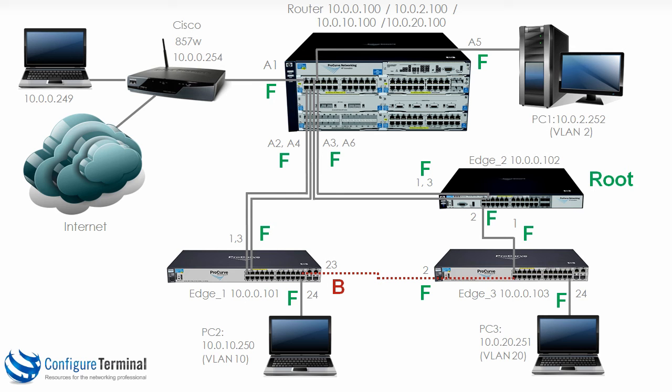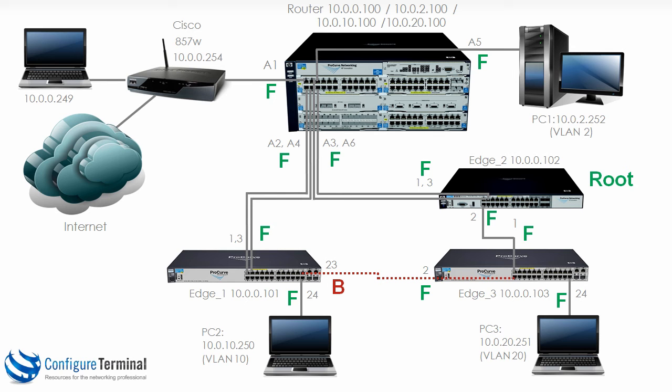So why did edge 1 decide to block port 23 rather than TRK1? Well, the reason once again is because of the spanning tree algorithm. The first choice in spanning tree once again is to choose the root in the spanning tree topology. And in this example, edge 2 was chosen as the root.